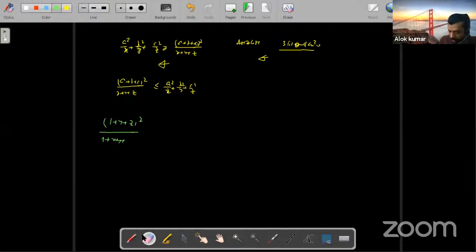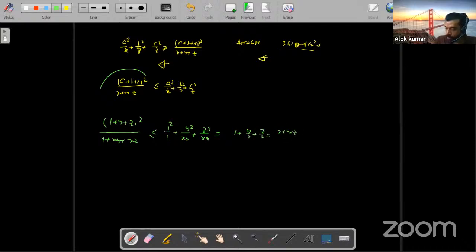T2's reverse form, I'll say. This one resembles that one, this kind of thing. So I've written it purposely this way. This is less than or equal to 1 over 1, good enough, y square over xy, and z square over xz. Done. Because I get 1 plus y over x plus z over x, that is x plus y plus z over x.